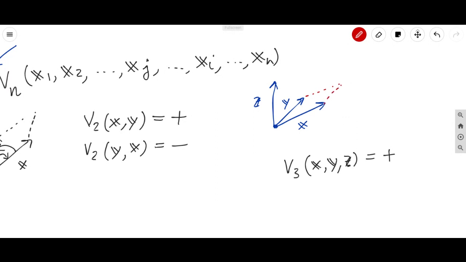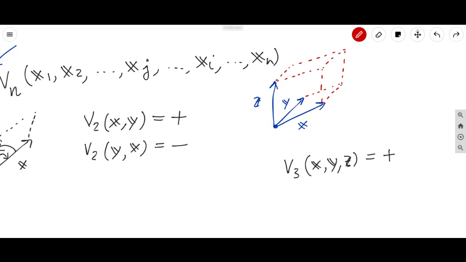The parallelogram would look like this. So that would be your parallelogram. And you can see from the orientation, so x goes first, y goes second. So if you start at x and you travel to y, you're traveling to y in a counterclockwise way, and then you can see your thumb is pointing up. Your thumb is pointing in the direction of z.